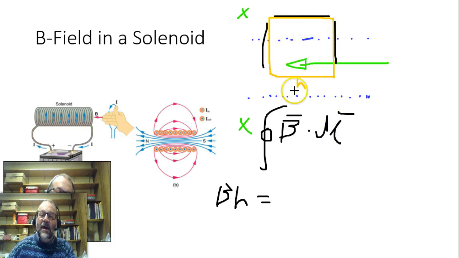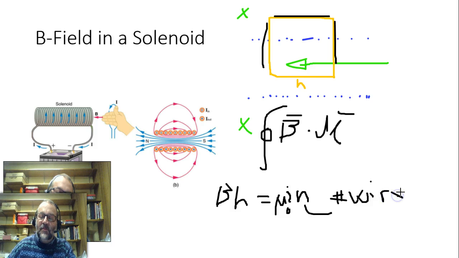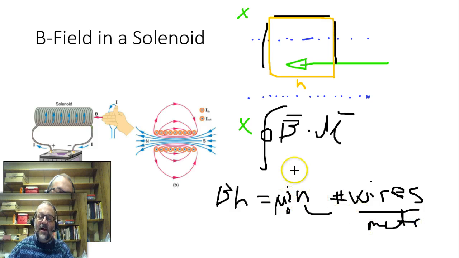The current flowing through there is I times N h, where N is the number of wires per meter, and N h is the total number of wires.